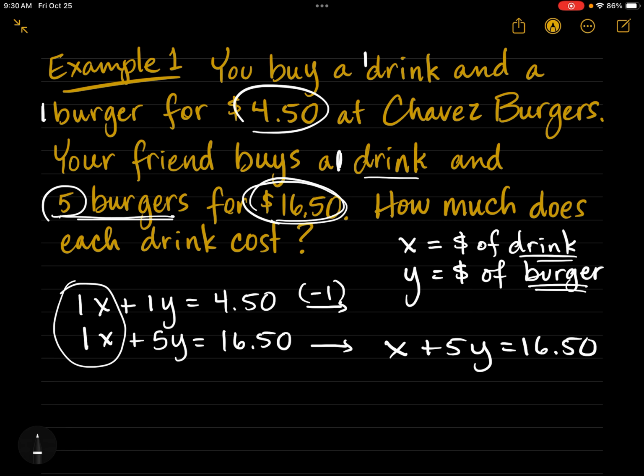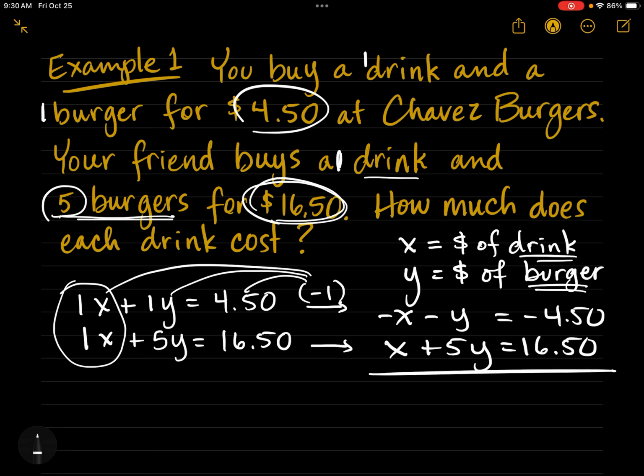And the other equation, I'm going to multiply by -1, which is going to give me a negative x, a negative y, and a negative $4.50. Remember that everything gets multiplied by that negative, or whatever number we decide on. Now notice here, those are gone. I get 4y, and if I subtract here, I just get 12.